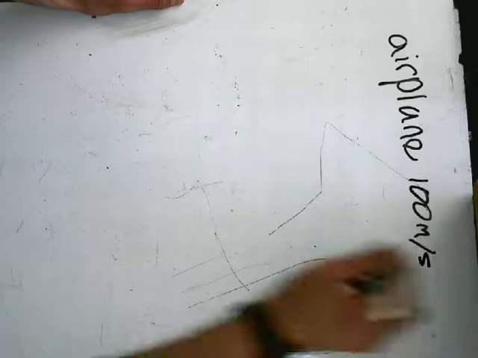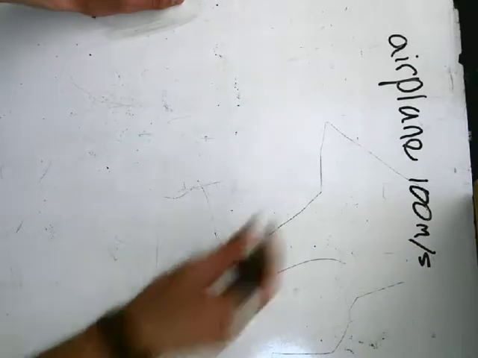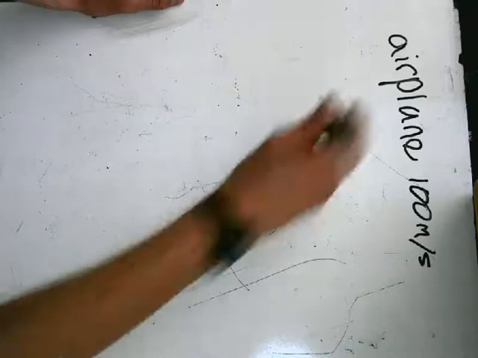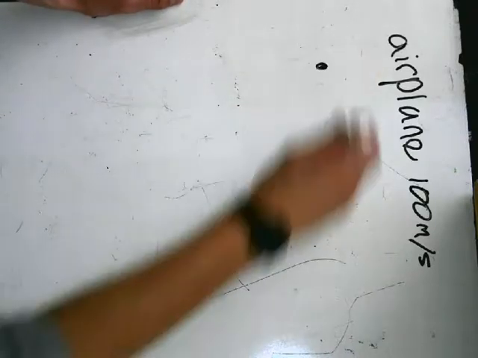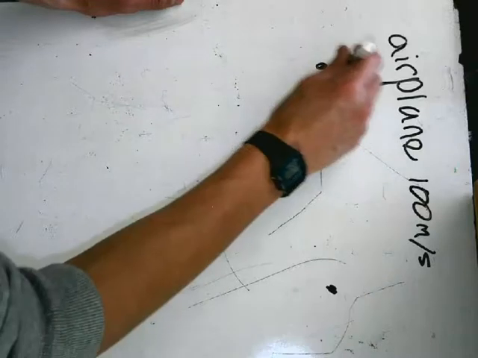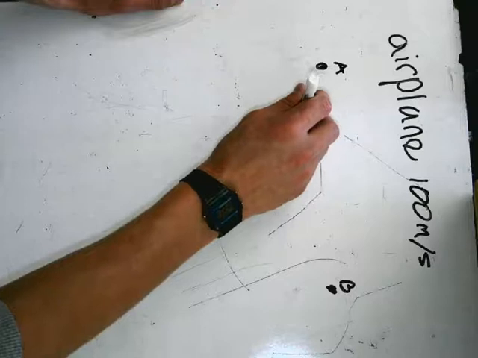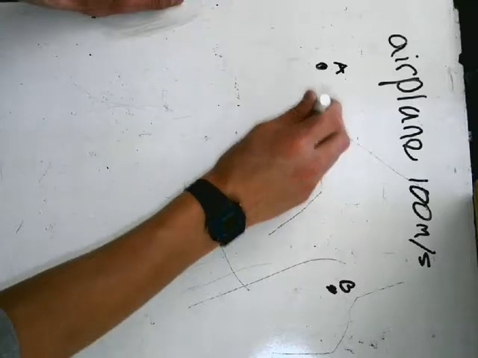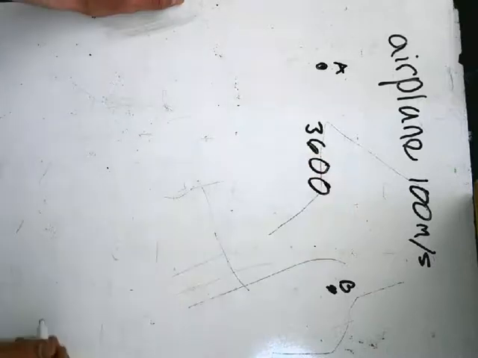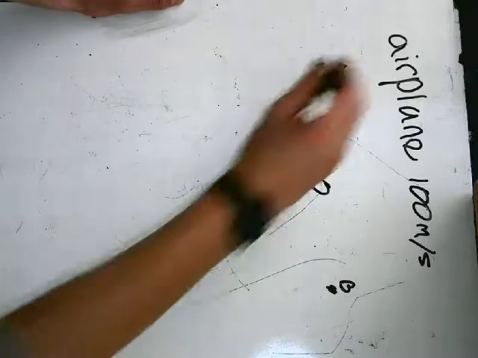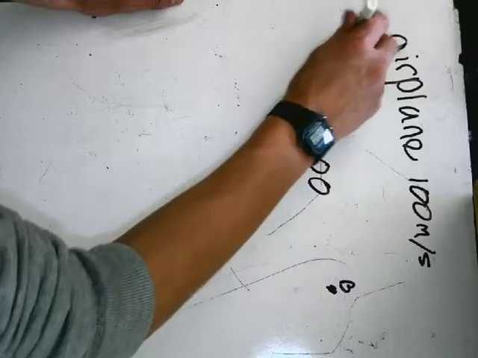So you can already tell that this is only to do with the parachuters and how evenly you have to displace them. Okay? So, you have to deploy 20 parachutes in this time. 3,600 meters moving at 100 meters per second. Let's just calculate how fast you're going to be going.